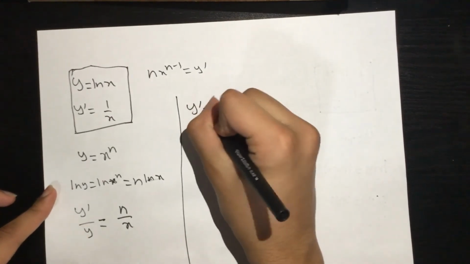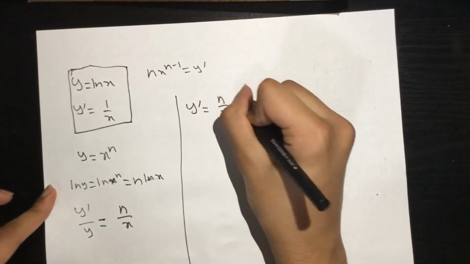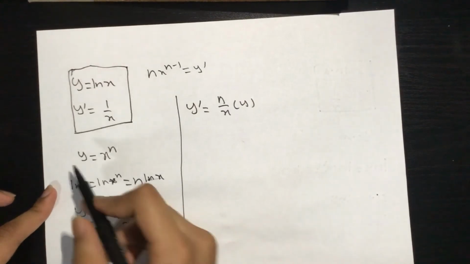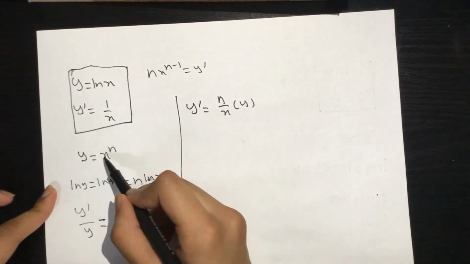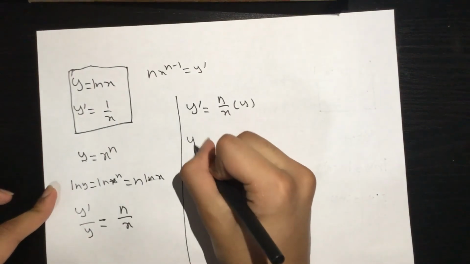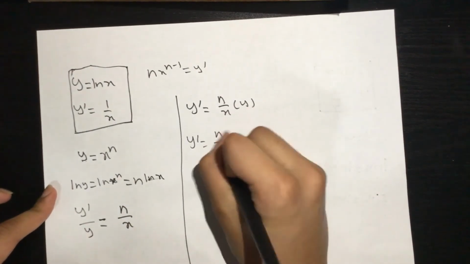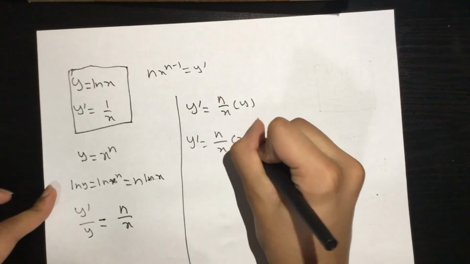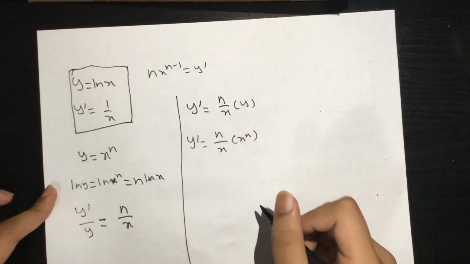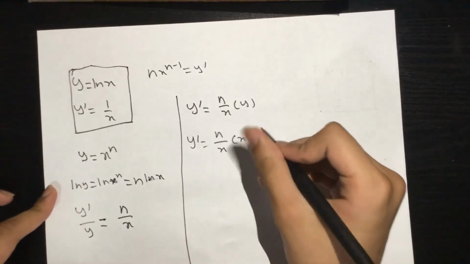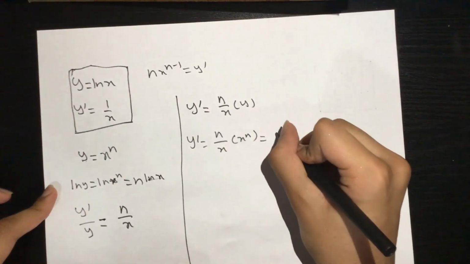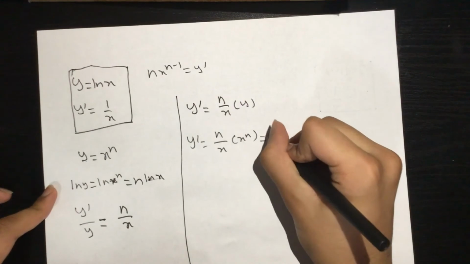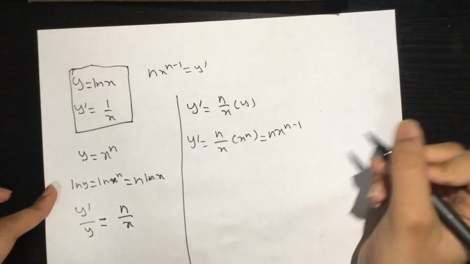So y prime equals n over x times y. But we have y equals x to the n, so we can substitute x to the n for y. So we get y prime is equal to n over x times x to the n. Now we can simplify this, and you see that we get nx to the n minus 1.